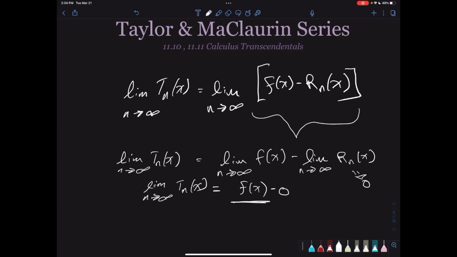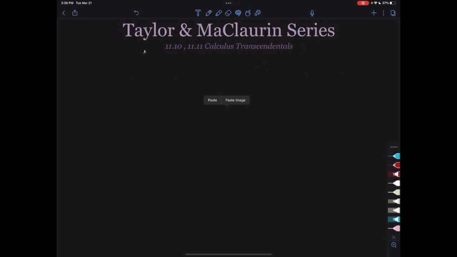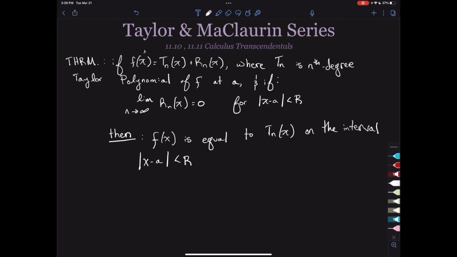Now, another theorem we'll need in approximating functions by Taylor series and nth partial sums is Taylor's inequality. Let's throw up a theorem. What this theorem says is that if we have a function which we choose to represent as a Taylor polynomial, we're also going to have this little remainder.